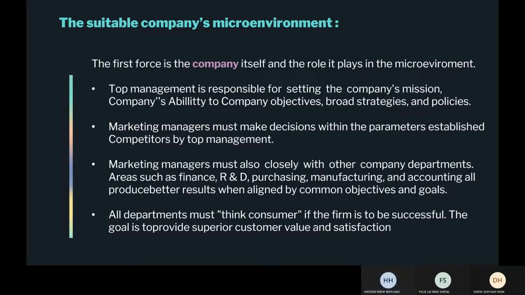And the fourth, all departments must think of consumers if the company is to be successful. The goal is to provide superior customer value and satisfaction. Okay, to the next slide.